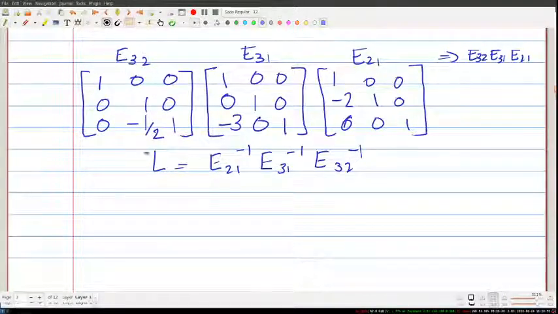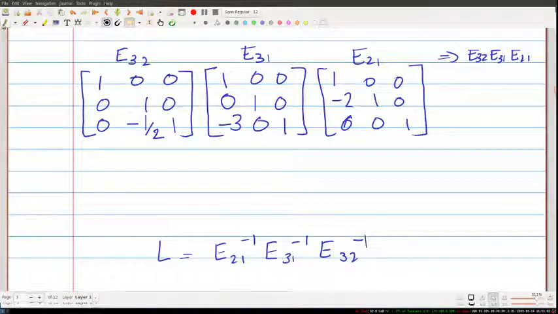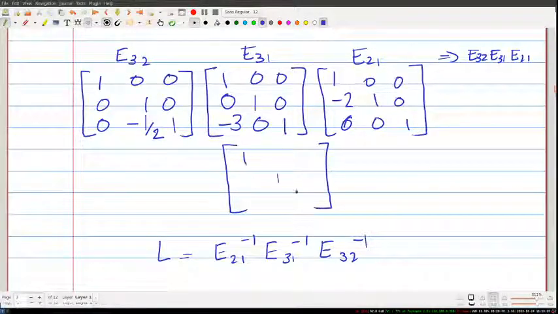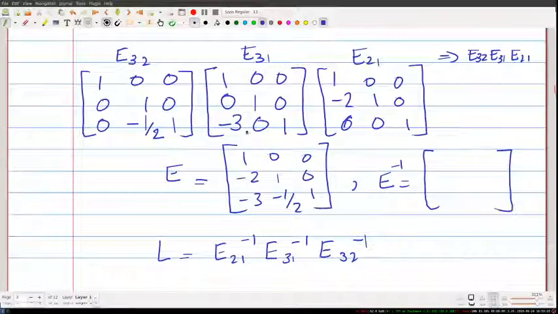Let's try to find what this is going to be. First, let's try to put them all together. We can just put all of these 3 matrices together. You multiply the product, and that's going to be 1, 1, 1. Zeros here. This is going to be a lower triangular matrix with minus 2, minus 3, and minus half. And if I call this matrix E, then the inverse of that matrix, I know that to reverse these row operations, all I need to do is change these signs.